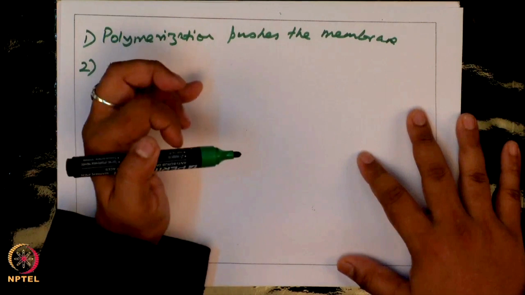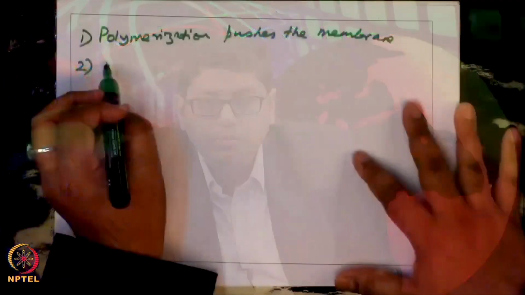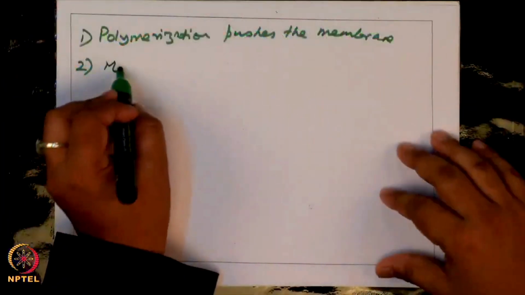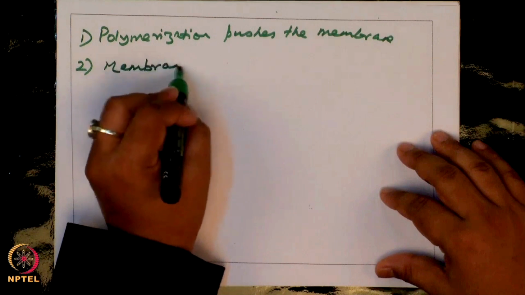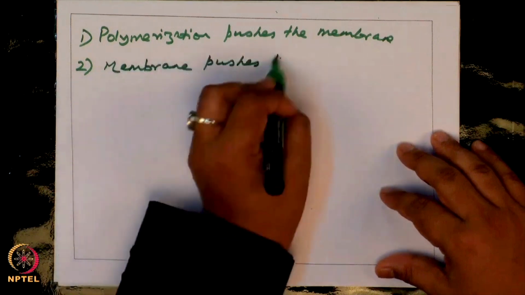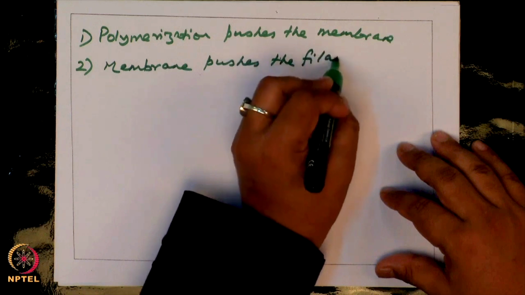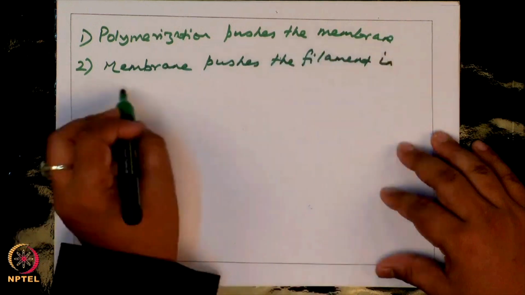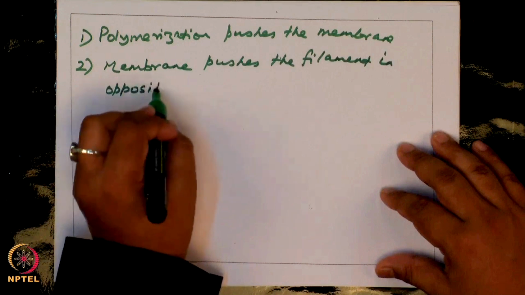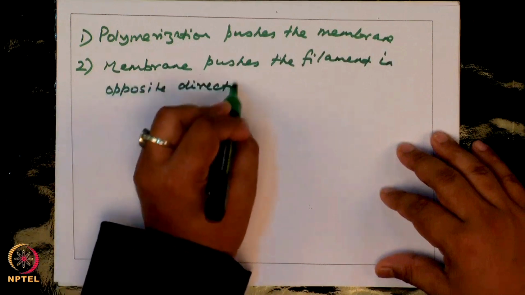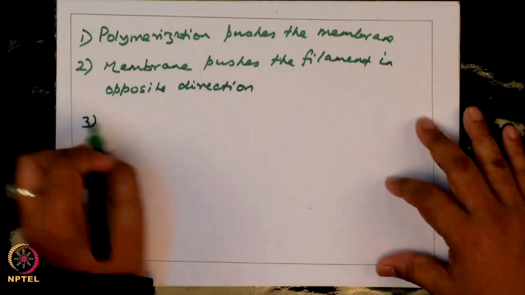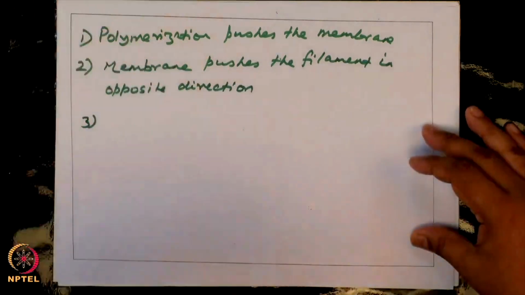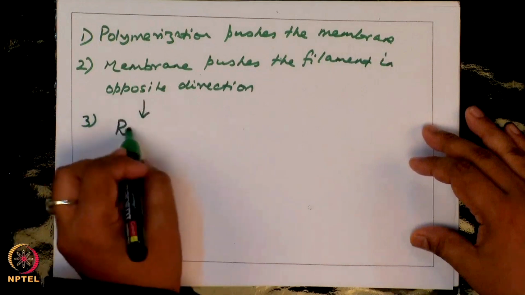Right after this, if I were to think of Newton's laws of motion, to every action there is an equal and opposite reaction. So, if the polymerizing actin filament pushes the membrane, the membrane will push the filament back, in the opposite direction. As a consequence, this should lead to retrograde flow.